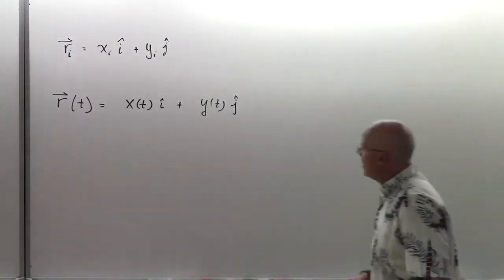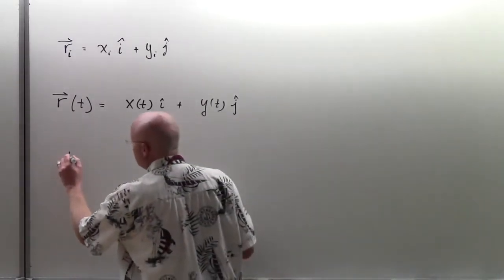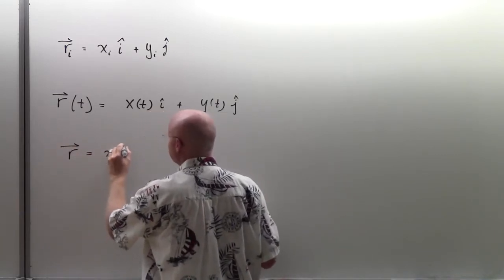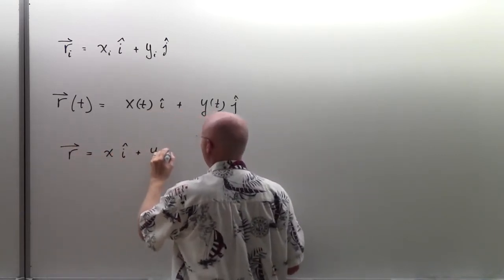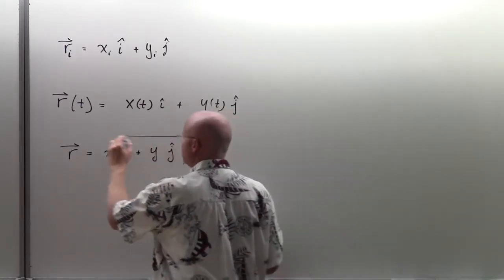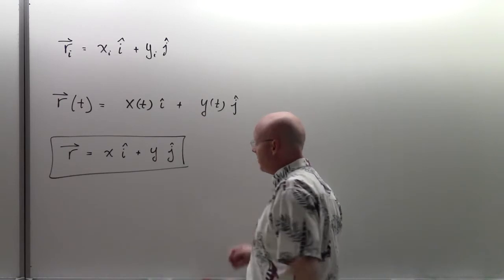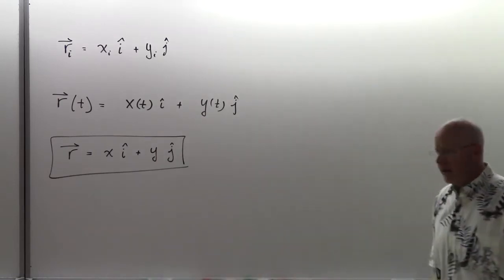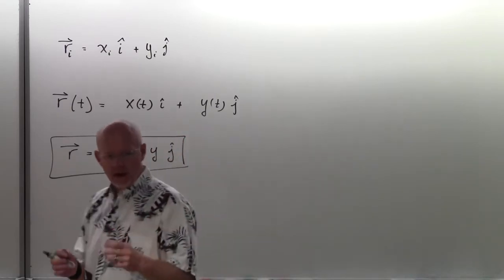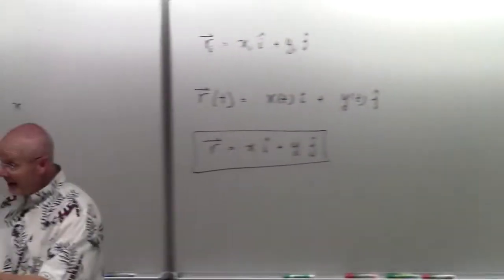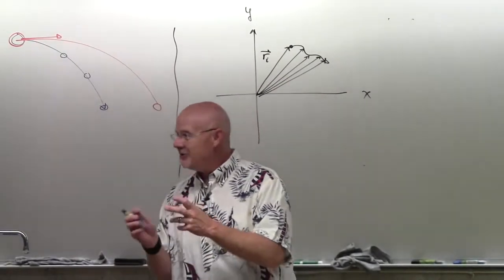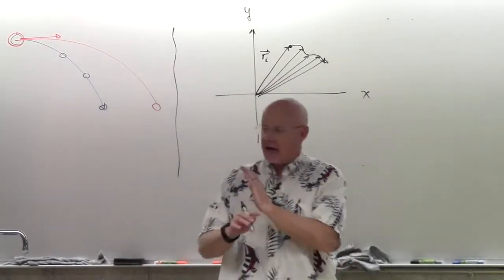In fact, maybe to make it look a little easier, we often just do this. And that has its advantages and disadvantages. I'll put a box around it. I think the advantage is we don't have to write the function of time in there. The disadvantage is we might forget that these are functions that change with time. The object's position is not just some number and that's it, end of story.